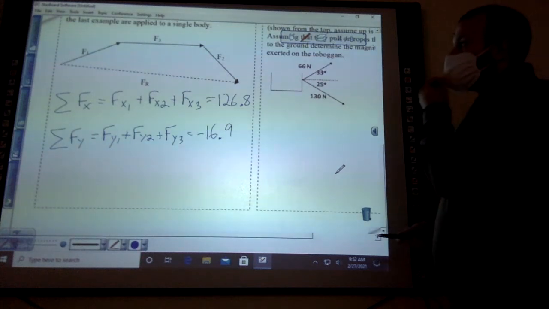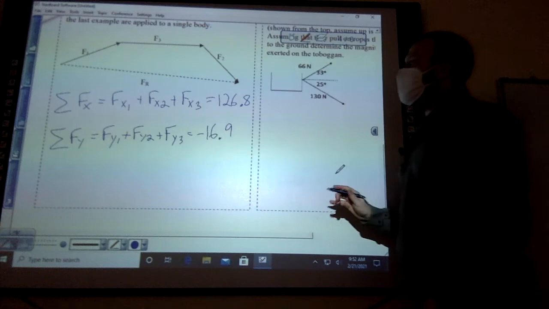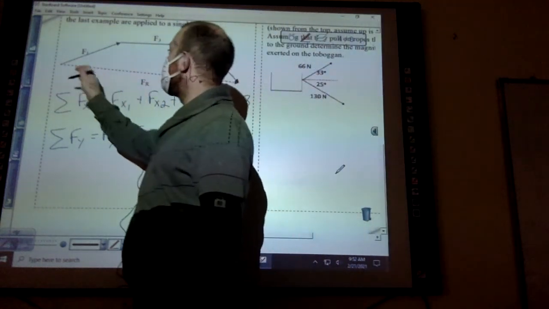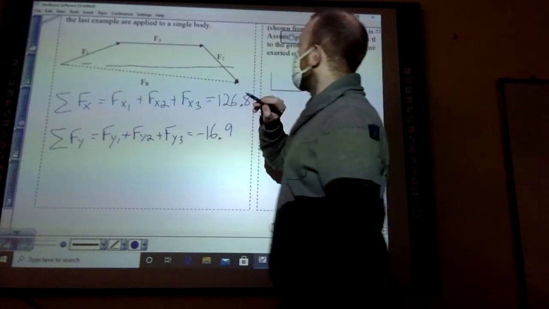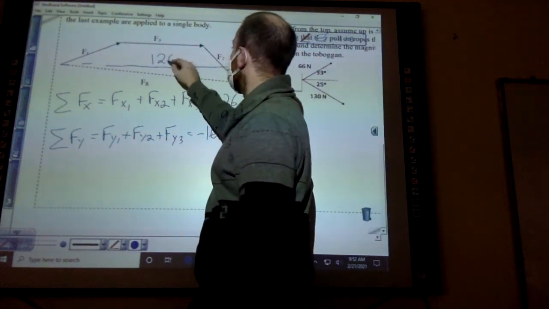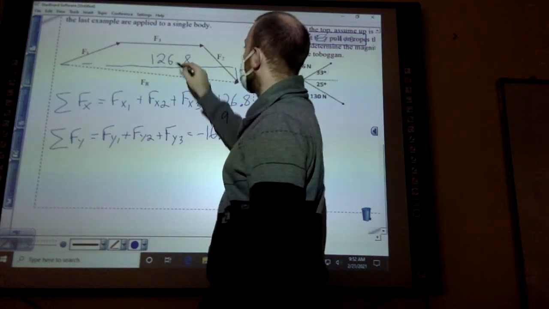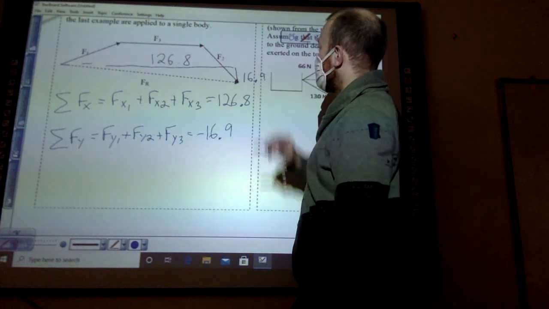From here, we can make our resultant triangle. Because we know the x value here, and we know now the y value here. So I know this is 126.8, and I know this is 16.9.